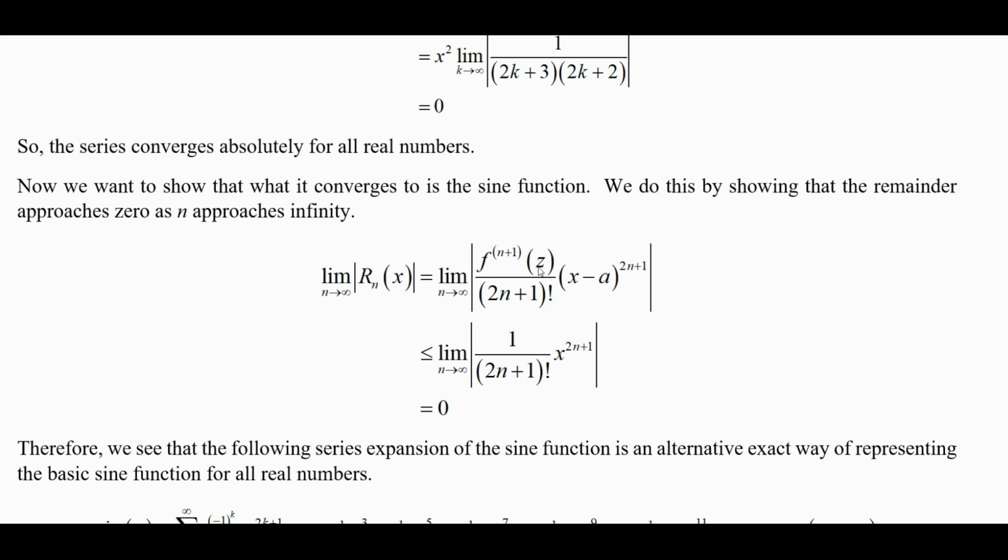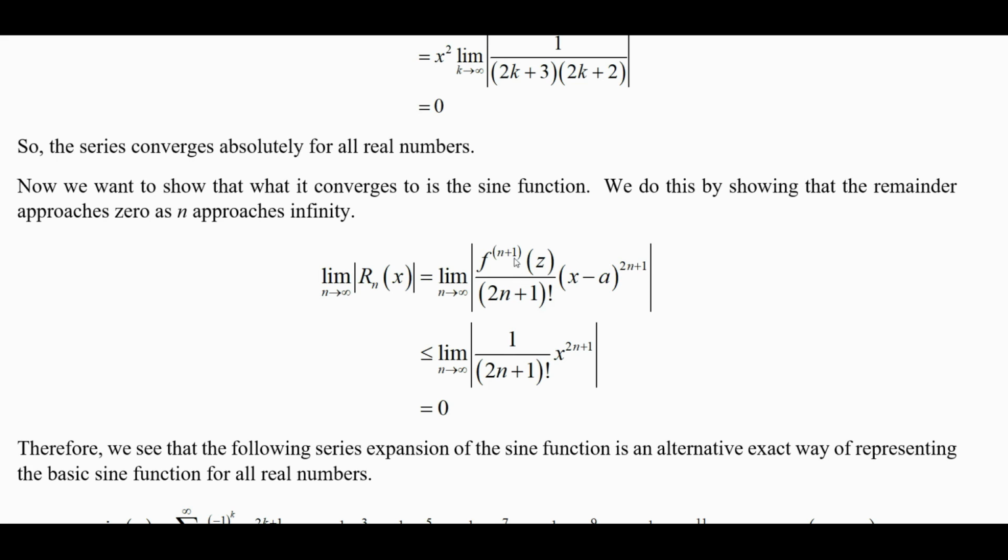This derivative is no bigger than 1 in absolute value. This is because it's a sine or a cosine, plus or minus, and both of those only go between 1 and -1. So this nth derivative evaluated anywhere is always between 1 and -1, so its absolute value is between 0 and 1.